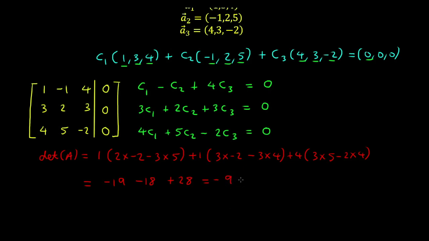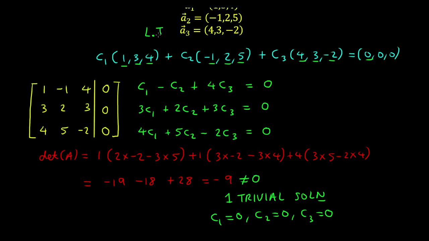Because the determinant is not 0, we only have one trivial solution to this homogeneous linear system, being C1 is 0, C2 equals 0, and C3 is equal to 0. And therefore these vectors are linearly independent.